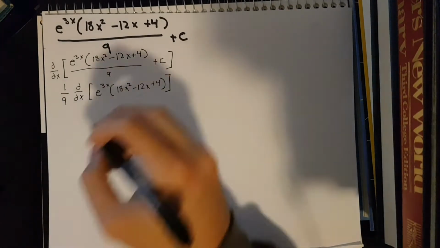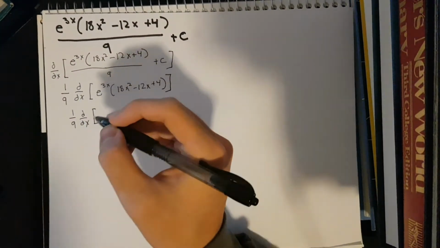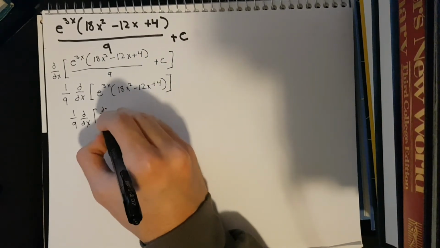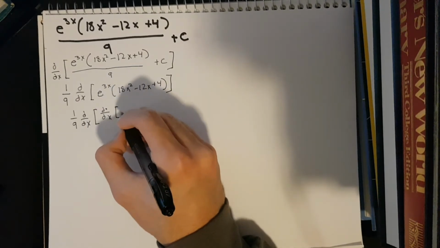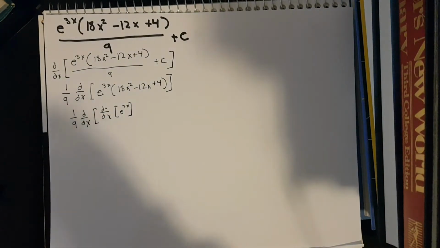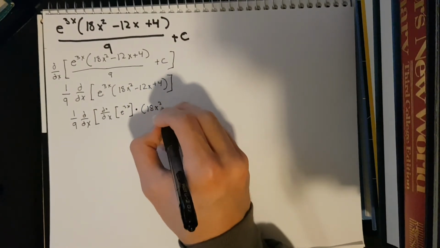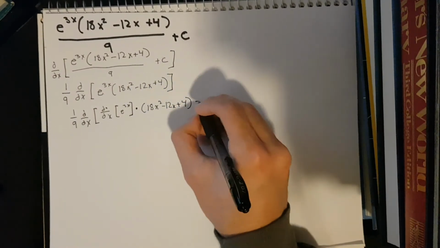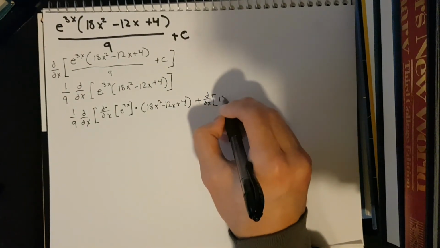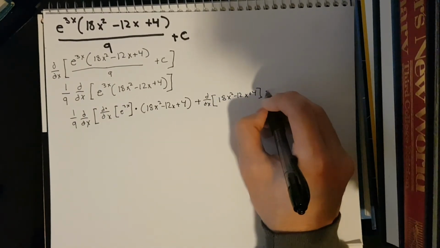Let's rewrite this. We apply the product rule, which would be the derivative of this, which is e to the 3x, times that, plus the derivative of that times this.